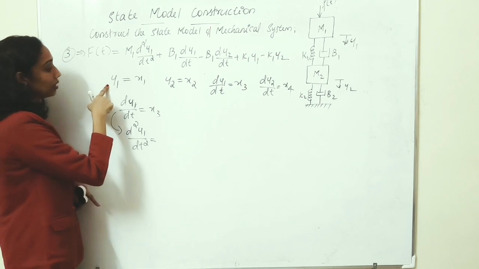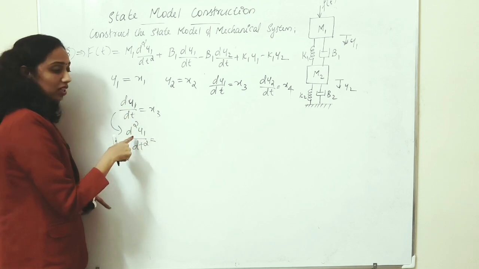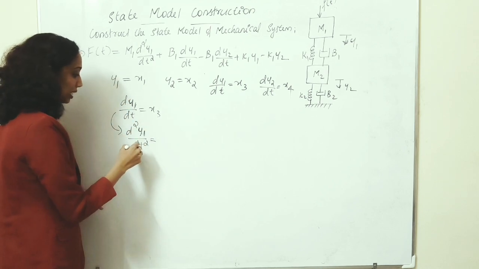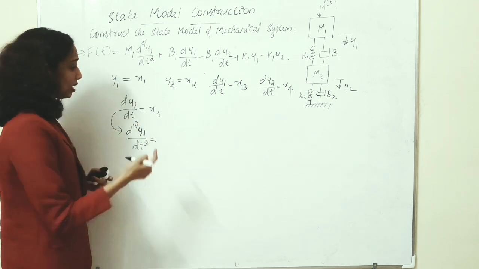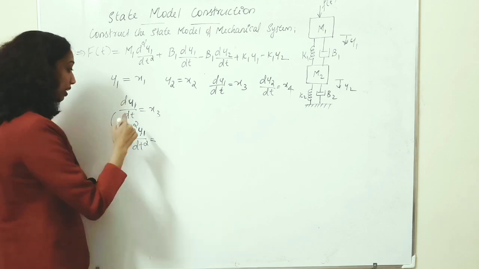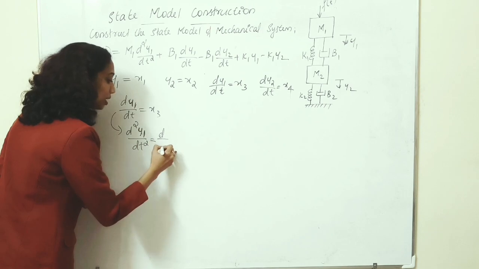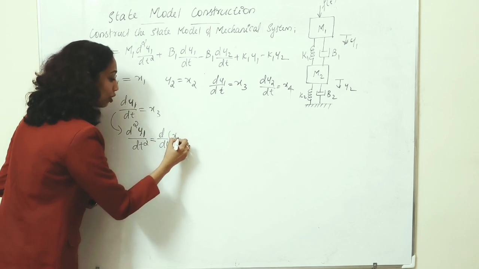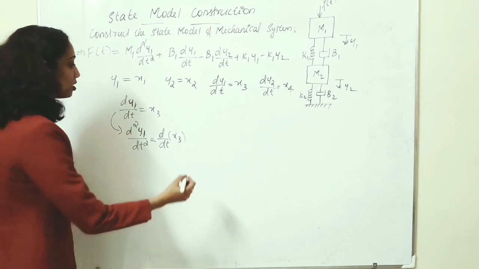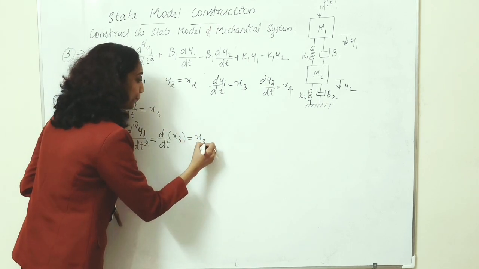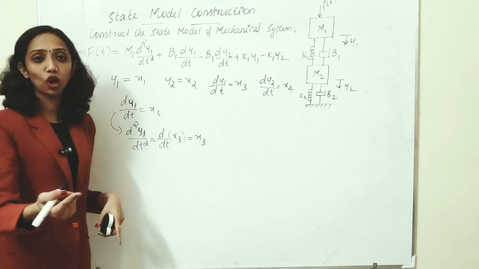Y1 is the variable, the first derivative of y1 is dy1 by dt, and the second order derivative is d square y1 by dt square. I assign dy1 by dt as x3. Then d square y1 by dt square is obviously d by dt of x3, so I assign it as x3 dot.